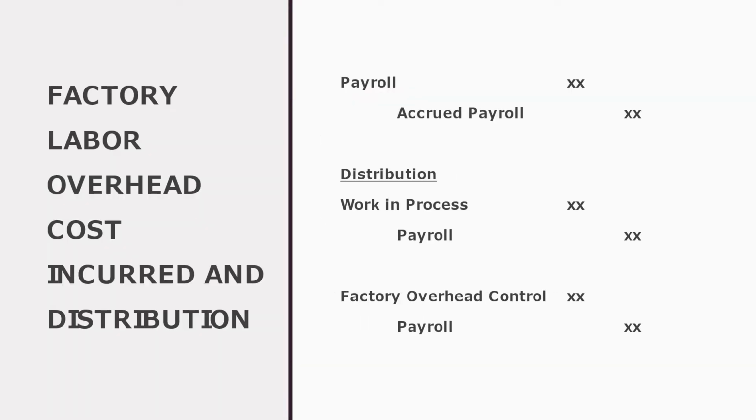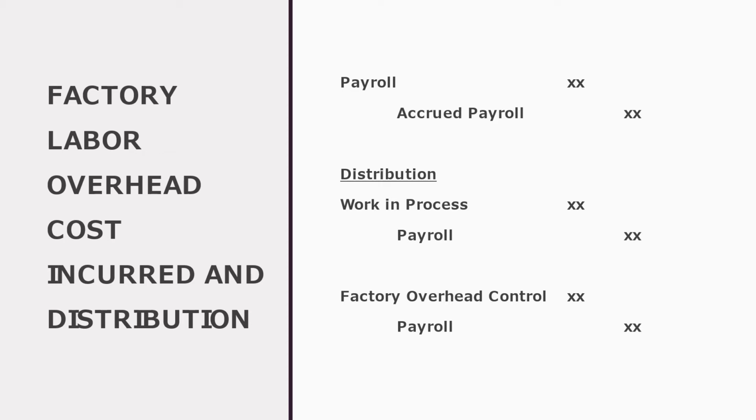So how about factory labor overhead cost incurred and if it's being distributed? So again, when you are incurring it, you debit payroll and you credit accrued payroll. And if you pay that one up, you just debit accrued payroll and you credit cash.